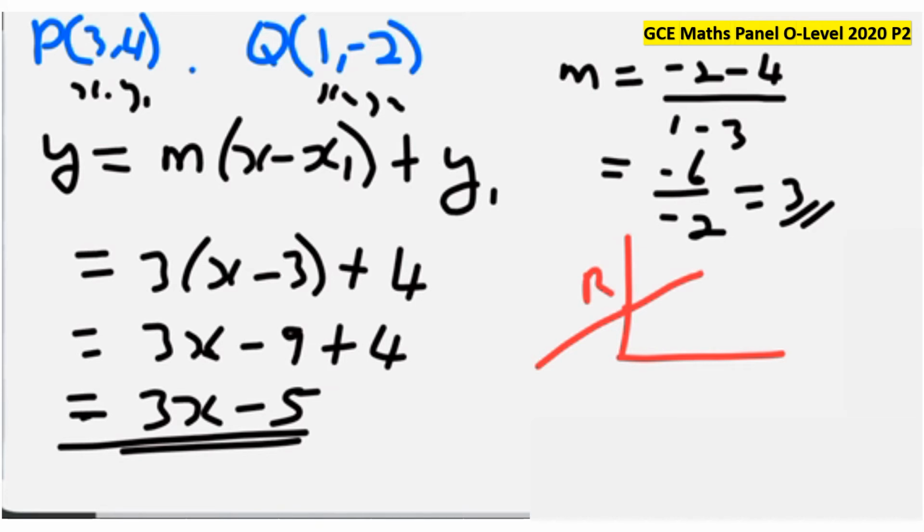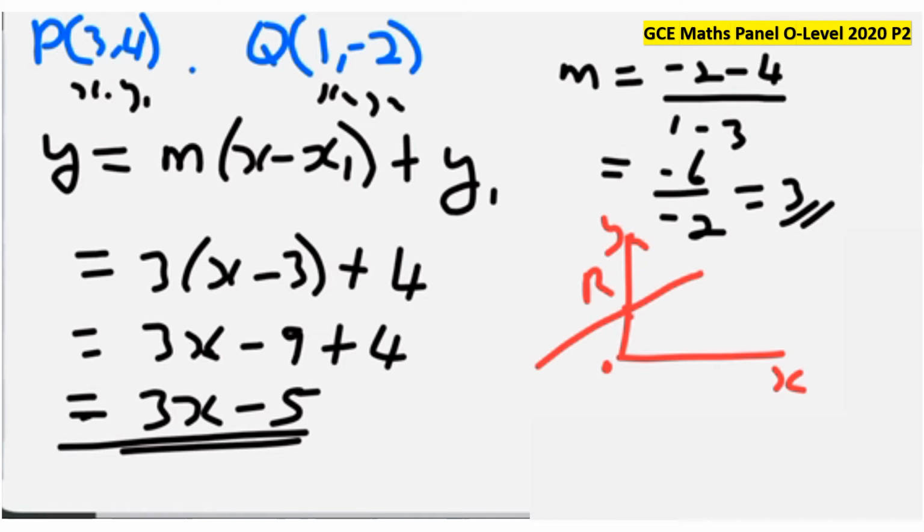At this point R, the value of x is equal to 0, because when a line cuts the y-axis, the value of x is always equal to 0.